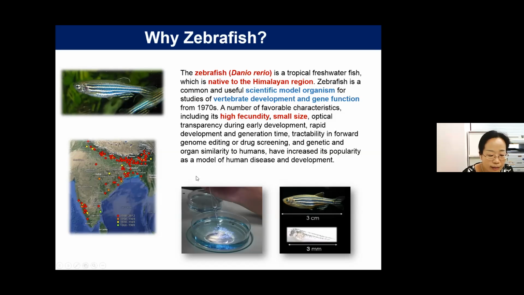The characteristics of the zebrafish include high fecundity and small size. For example, one pair of adult zebrafish can provide over 300 embryos every week. The length of the adult zebrafish is around 3 to 5 centimeters, and we just need a comparably small space to house them.